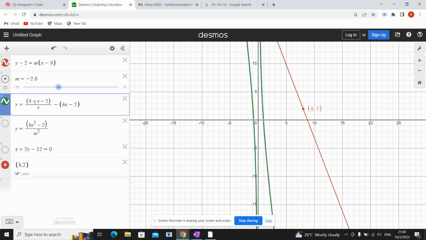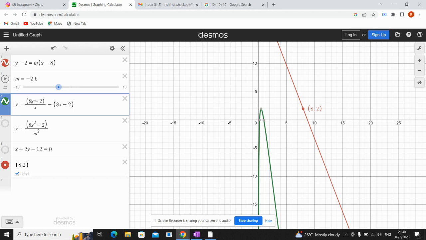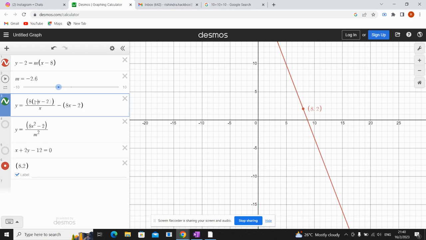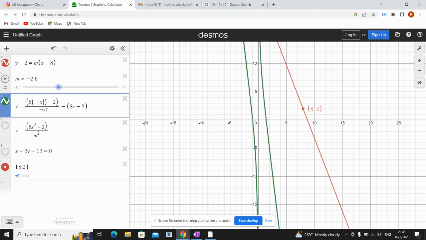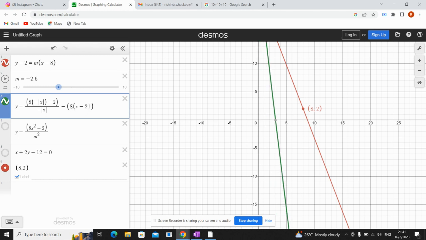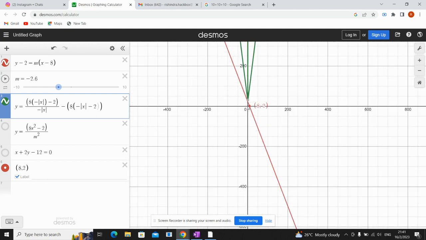So let me make it minus mod x. Same here, minus mod x. By specifically mentioning minus mod x, we can clearly see it.